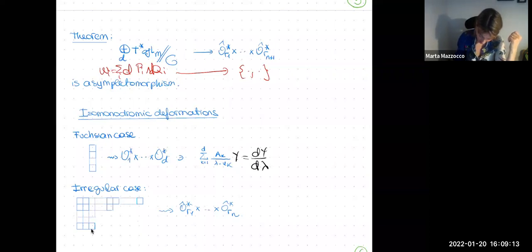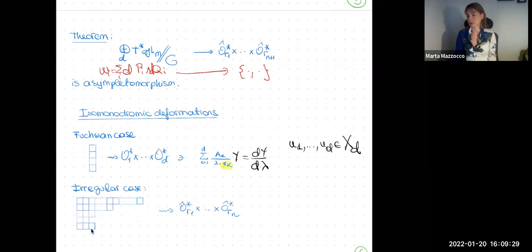The natural independent variables in the deformation are the positions of the poles, as long as they remain simple, so if I take them as elements of the configuration space of D points, that's a very good choice of independent variables.